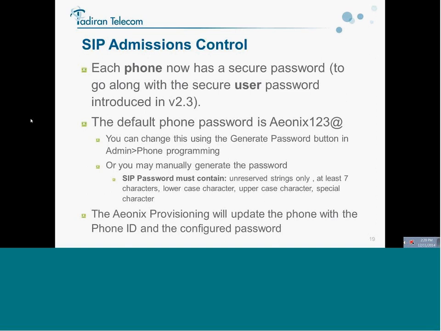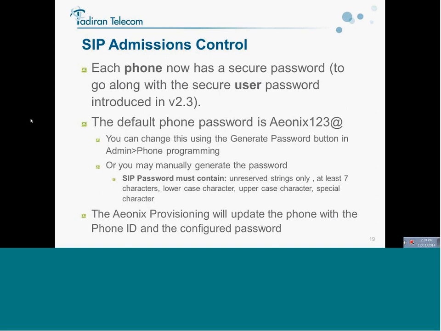Now change this setting and generate a password. There's a button that you can press to automatically generate a very secure password. If you elect to manually create your phone password, there are some rules. You have to use strings only, at least 7 characters, at least 1 lowercase character, 1 uppercase character, and 1 special character.